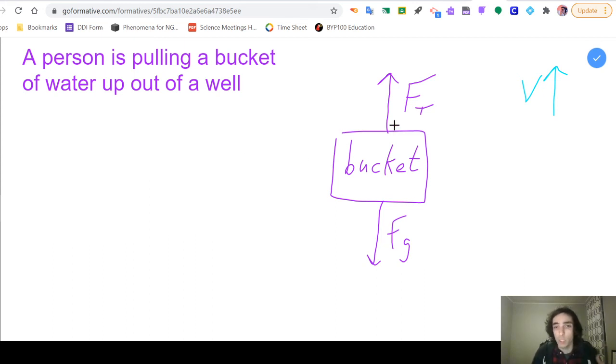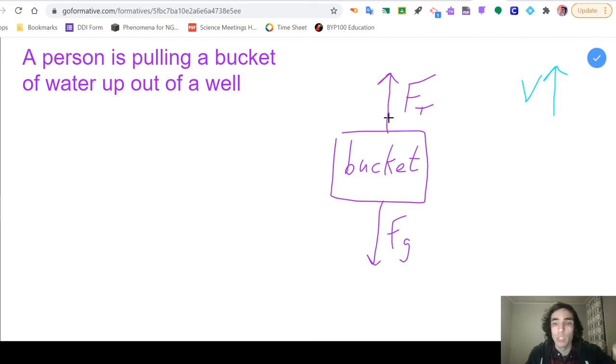There's no normal force again because we're not on any stable surface, like this bucket is not resting on the ground or on any table or anything like that. No electrostatic forces, no charge, no springs, no applied force by a person, even though there's almost definitely a person on the other end of this tension force. It's probably more correct or more specific to call that a tension force. And this is our whole free body diagram.